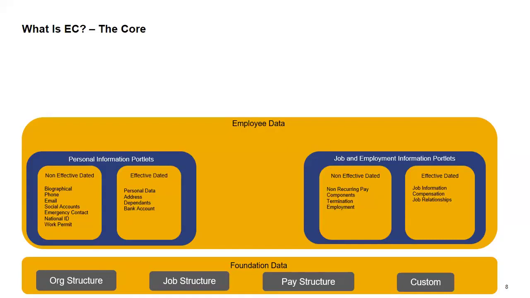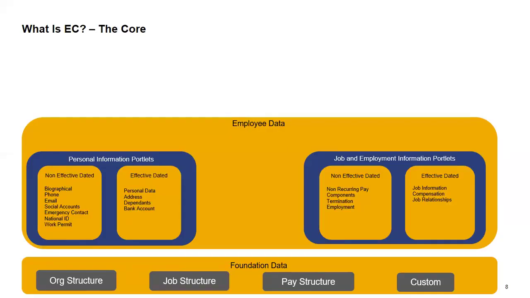And there are some non-effective dated records where you don't need the effective date, like national ID or the biographical information. In biographical information, we maintain only one record throughout the life cycle of the employee.